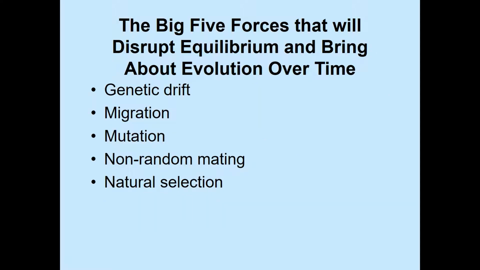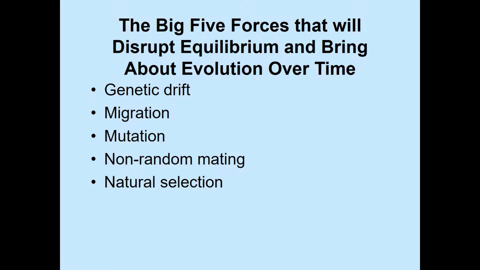Now, on the flip side, there are the big 5 forces that will disrupt equilibrium and bring about evolution over time. Number 1 is genetic drift, which is just the change in a gene pool of a small population due to random chance. You can have migration, or when animals move around, which will disrupt equilibrium and bring about evolution.